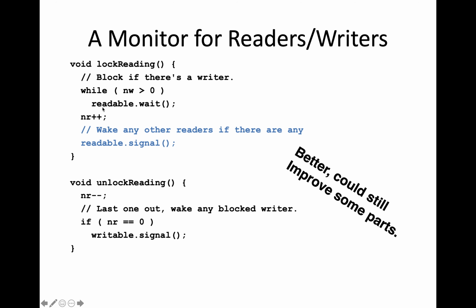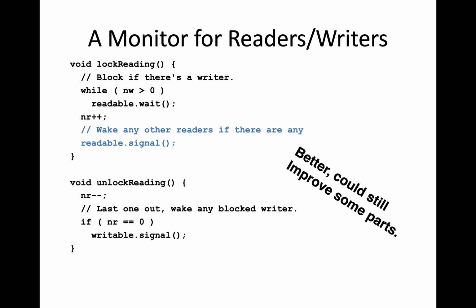So if a writer gives up access, that'll wake up one reader here, they'll increment the count, and then they'll signal on readable again with the idea that if they've been given read access, then anyone else ought to be able to have read access, at least anyone else that's waiting right now. So that fixes one of our two problems, and that was the problem that whenever a reader is given access, we might as well let a bunch of readers have access, and that was easy to fix.